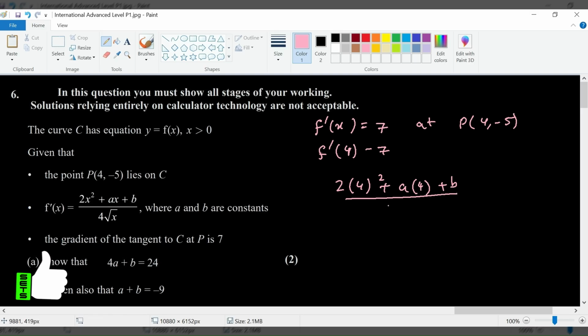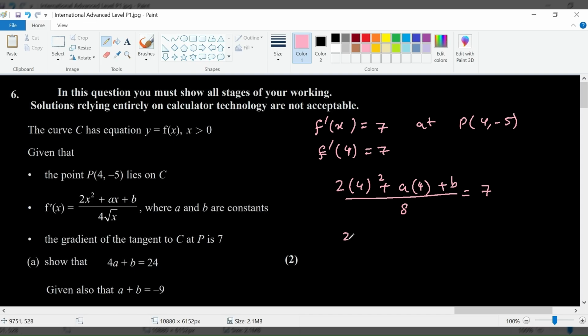That means I will write 4 under root 4. So instead of under root 4, I can write 2 directly, because under root 4 is equals to 2. So 4 is going to multiply by 2, which is going to give us an 8. So simply, if I write 8 here, that should not be a problem. Now, this is equals to 7. Okay, because it's already given here in the question.